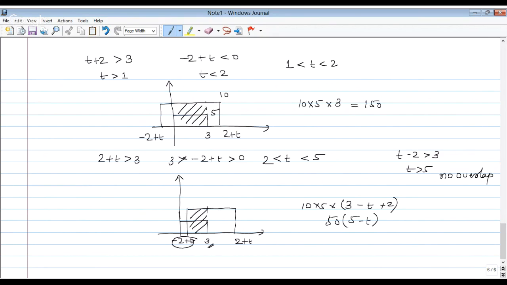We can find the integration or convolution in different regions using the graphical method. But this method is only recommended when you have to find convolution at a point. Suppose I asked you at t equal to 3 seconds. Then t is actually not a variable.